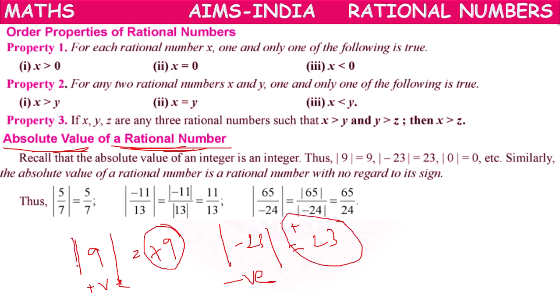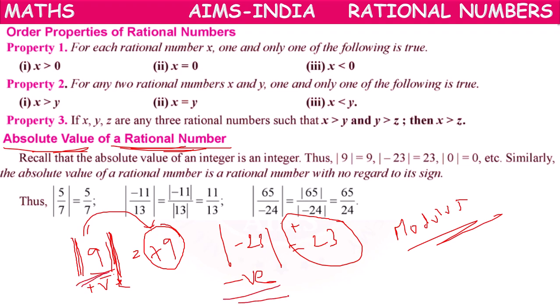Absolute value is written between two parallel lines, which are considered as modulus, M-O-D-U-L-U-S. If we take the modulus of any number, it will always be positive, whether the number is positive or negative.